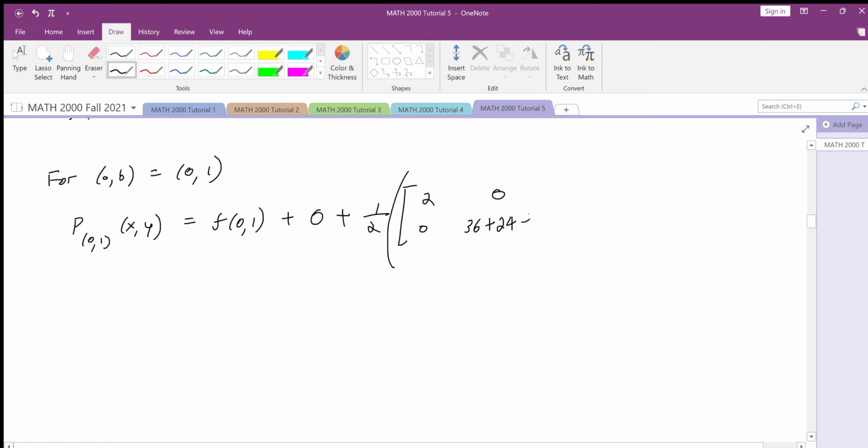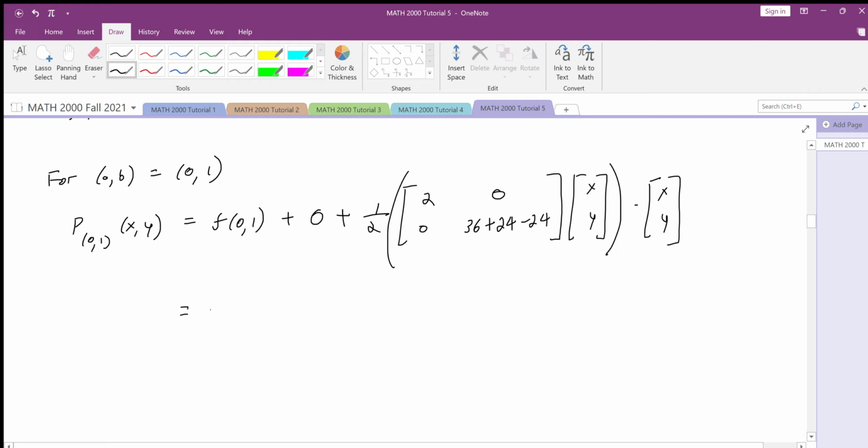We have that matrix multiplied with (x, y), dot product with (x, y). Simplify.